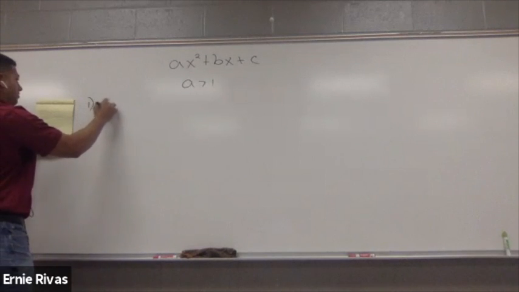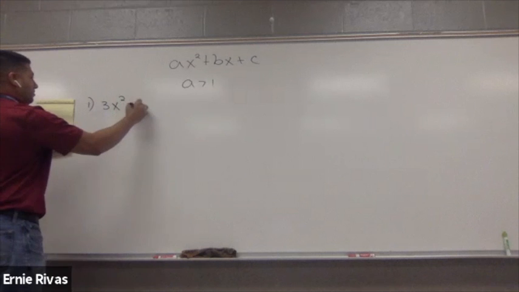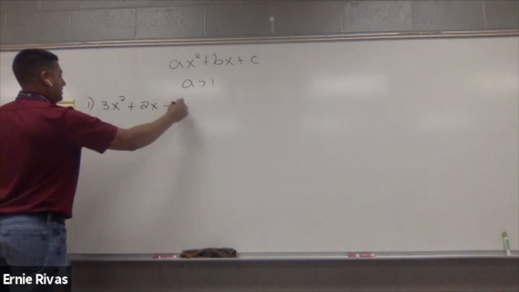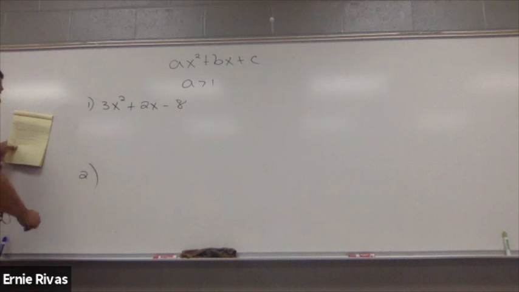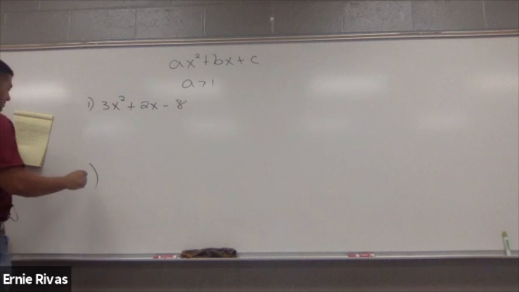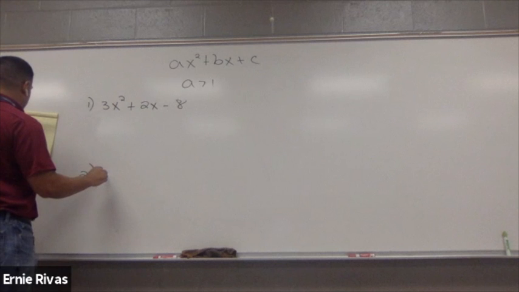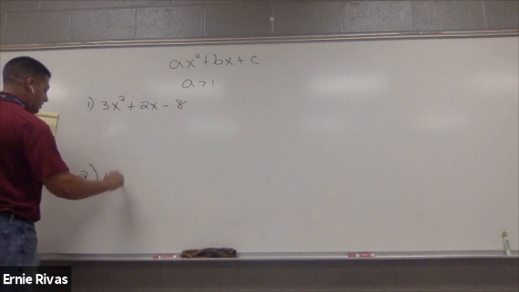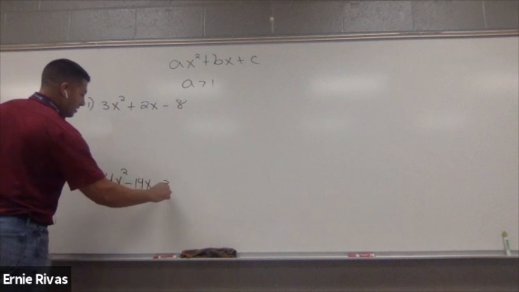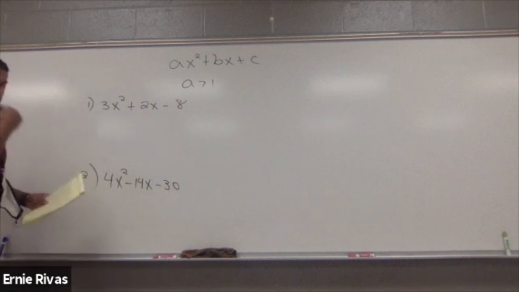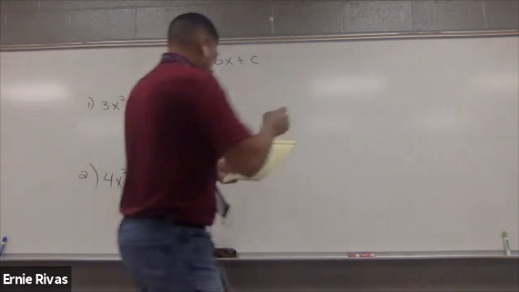So 3x squared plus 2x minus 8. And the second one is 4x squared minus 14x minus 30. What do you notice about number 2 that's different than what we've done so far?